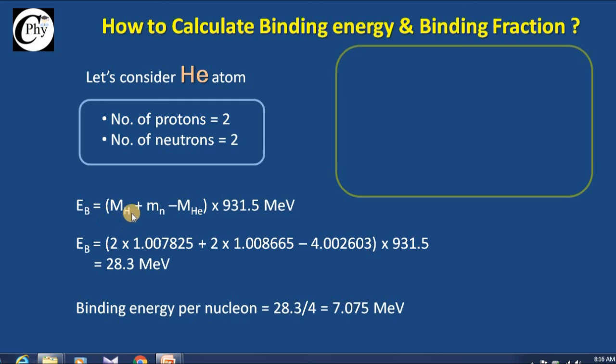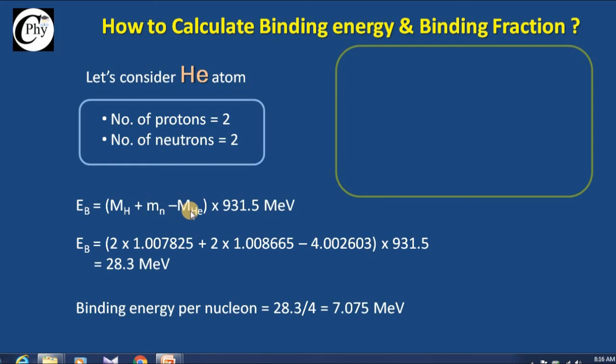We consider here the mass of the hydrogen atom because a hydrogen atom consists of one proton and one electron, and therefore instead of the proton mass we use the mass of the hydrogen atom, since the electron mass is included.